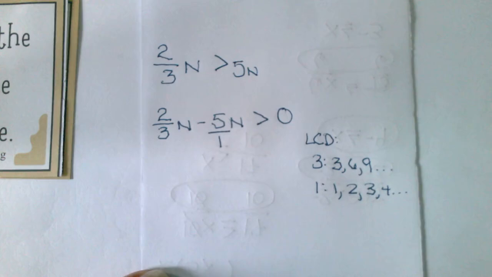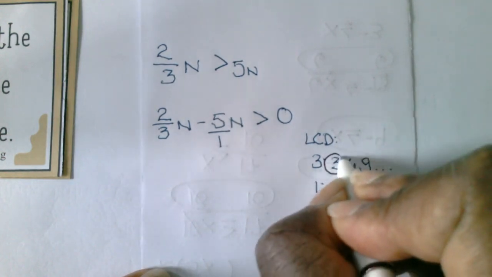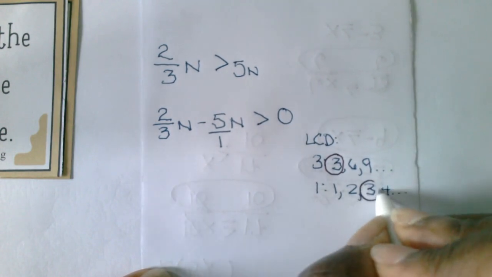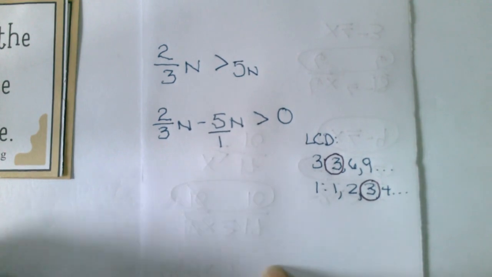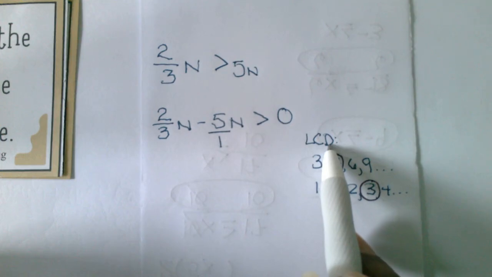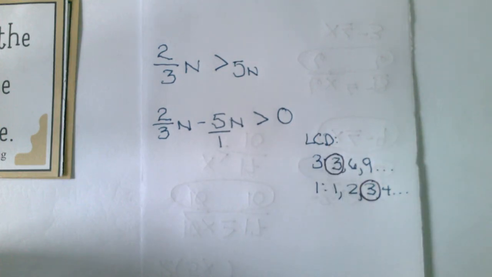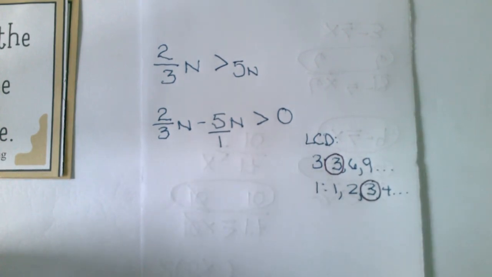So the lowest number that they both have in common is 3. Some people call it the least common multiple. So that means you're looking at the multiplication tables. I just said denominator because that's what we're looking at.